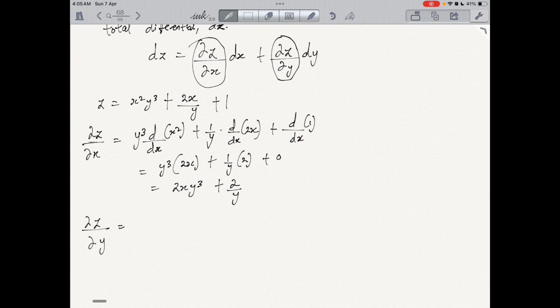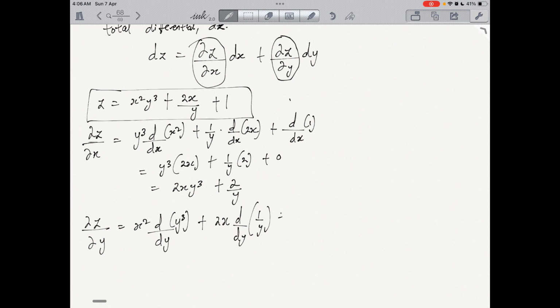And for dz dy, we are putting x to be constant. We are keeping x constant while differentiating that. So we have x squared multiplied by the differentiation with respect to y of y cubed, plus 2x multiplied by the differentiation of 1 over y, plus dy of 1.